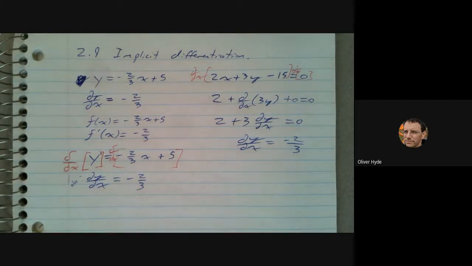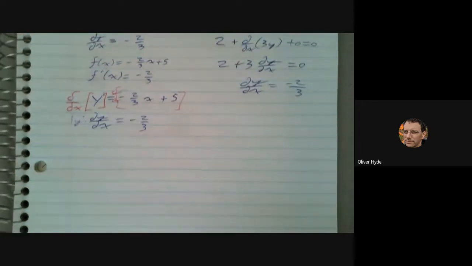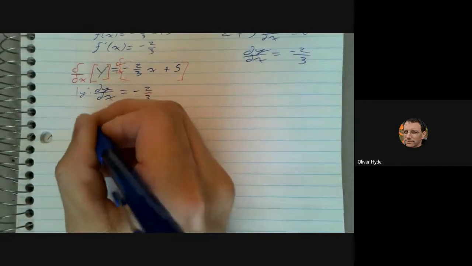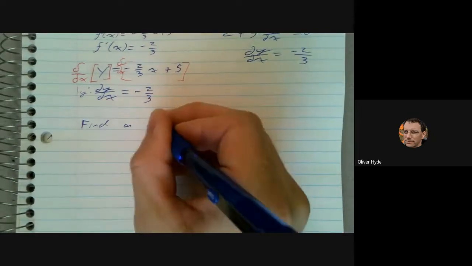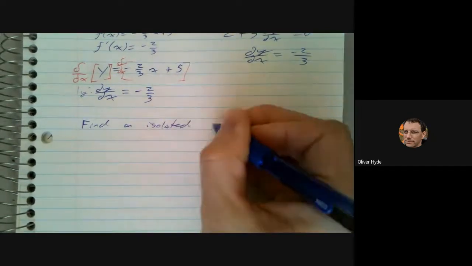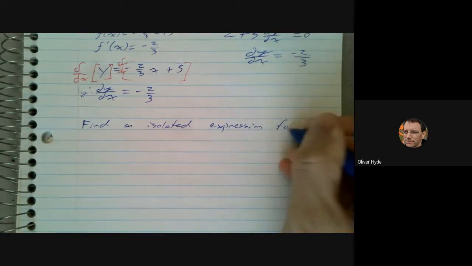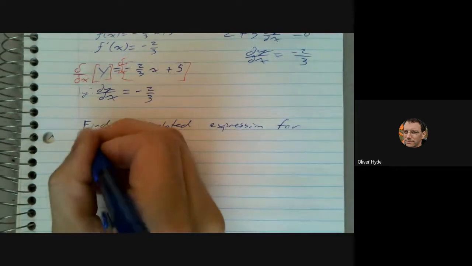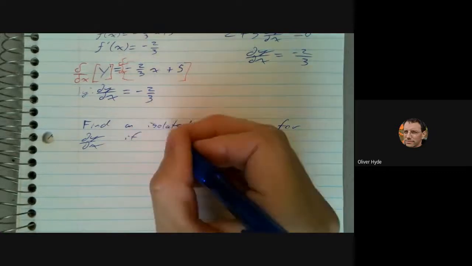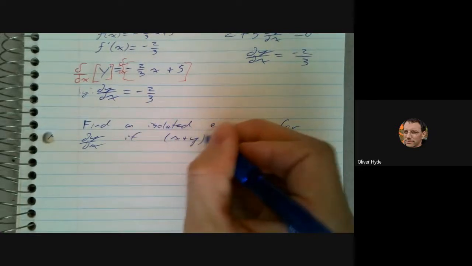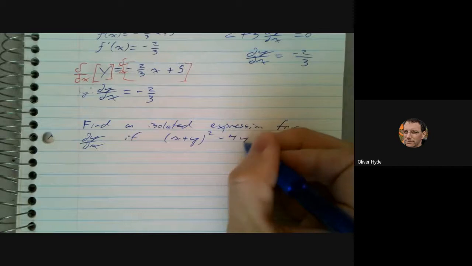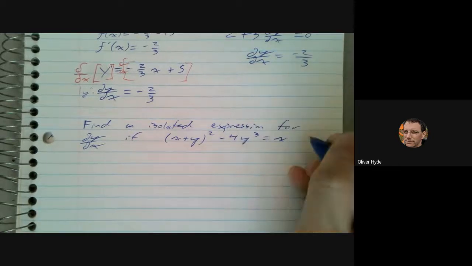Good. Let's try another algebraic example. I don't think you'll find it in the notes. You'll find an example like it in the homework. Let's find an isolated expression for delta y by delta x if, let's say, x plus y all squared minus 4y cubed is equal to x.